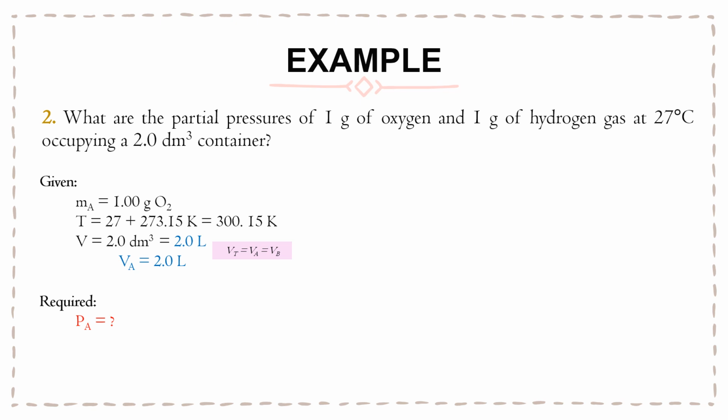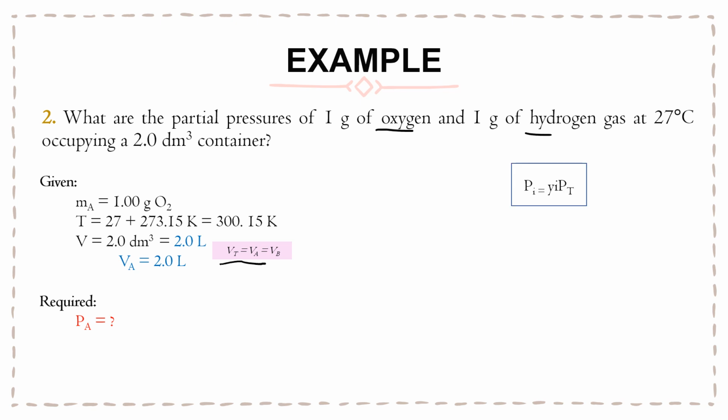And we have the concept of volume total is equal to volume A is equal to volume B. Kasi isa lang naman ang container nila. Okay? Nasa isang container lang ang oxygen and hydrogen. That's why total volume is equal to the volume of A and volume of B. So, let's calculate for the partial pressures.